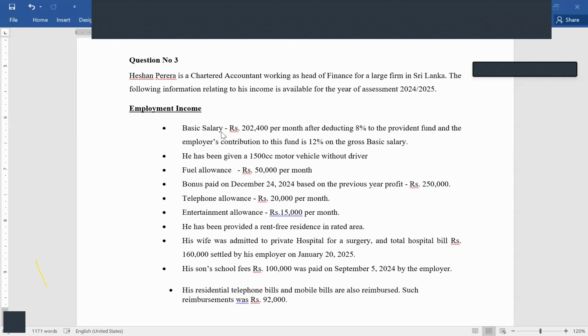You have been given the basic salary, that is 202,400, after deducting 8% to the provident fund, and the employer's contribution to this fund is 12% on the gross basic salary.